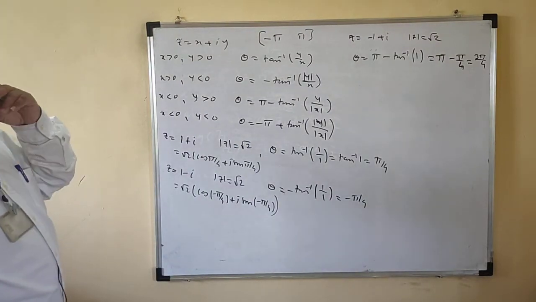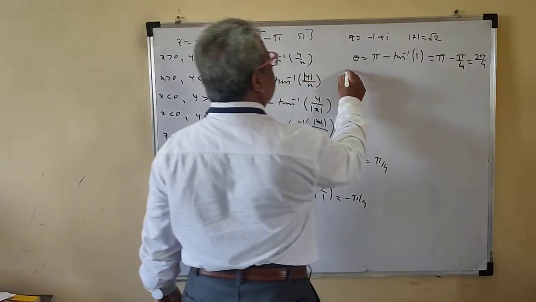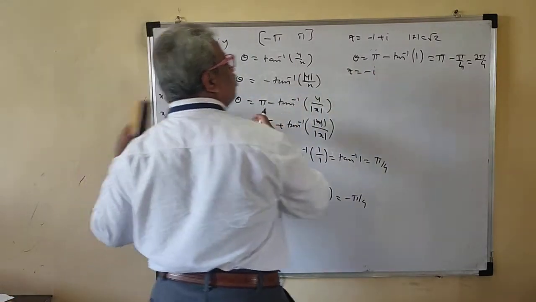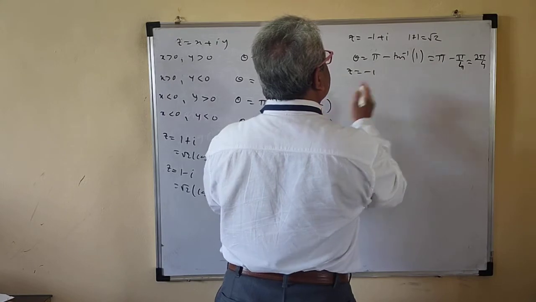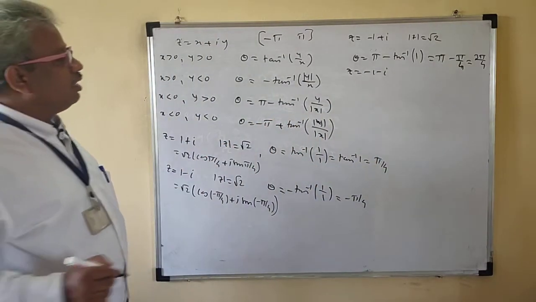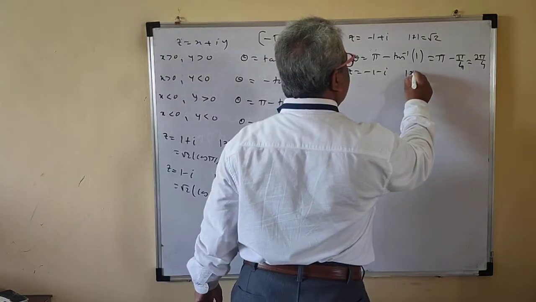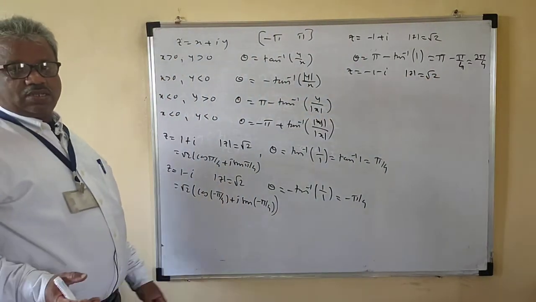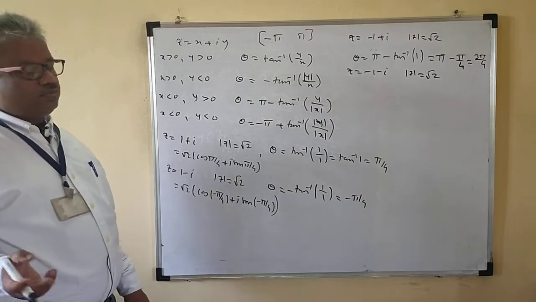Okay. Now your Z, next possibility, minus 1 minus i. Both are negative. Mod Z, no problem. Mod Z is root 2, because it is the square of the real part plus the square of the imaginary part, so 1 plus 1 is 2, root 2.